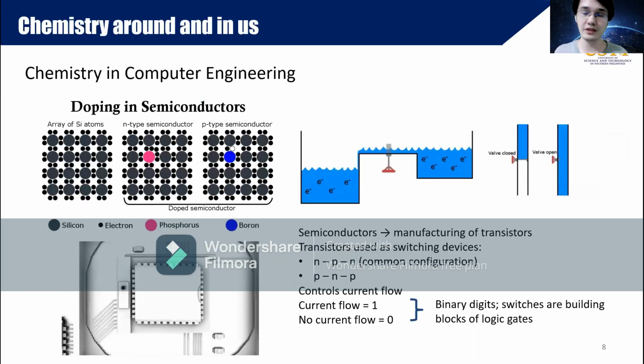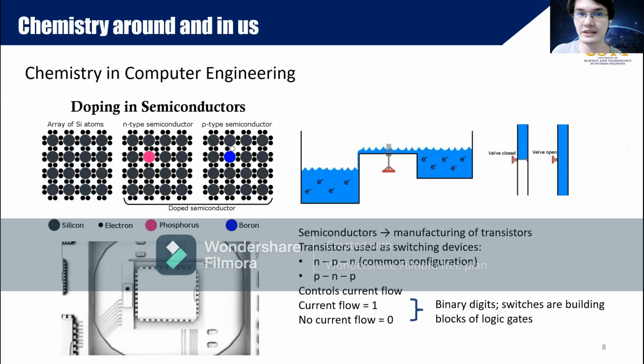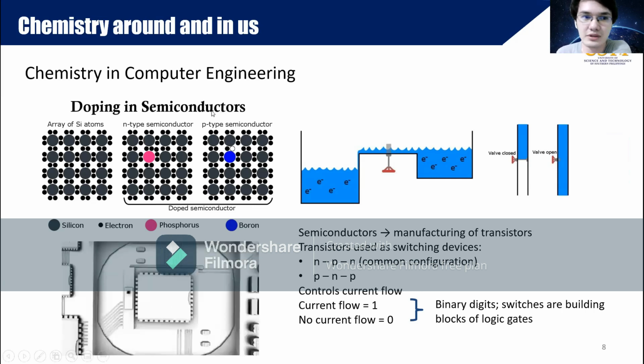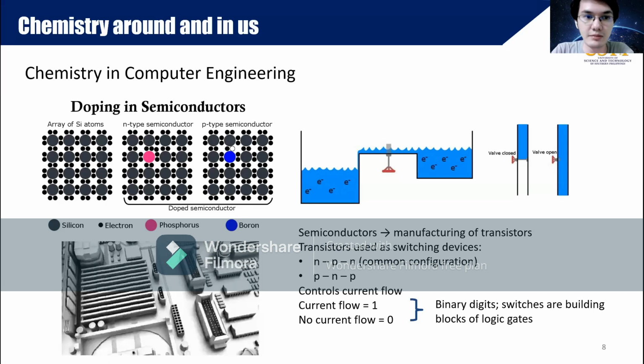So for us to appreciate chemistry, especially when it is applied to engineering, we look at examples of these. So for example, let us look at doping in semiconductors. Semiconductors are very important in the function of our computers, our cell phones, essentially any device that runs on electronics.